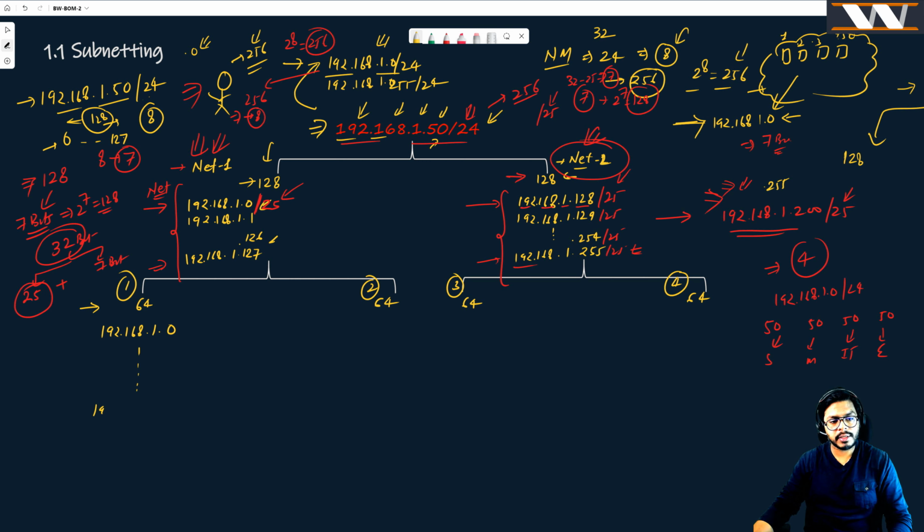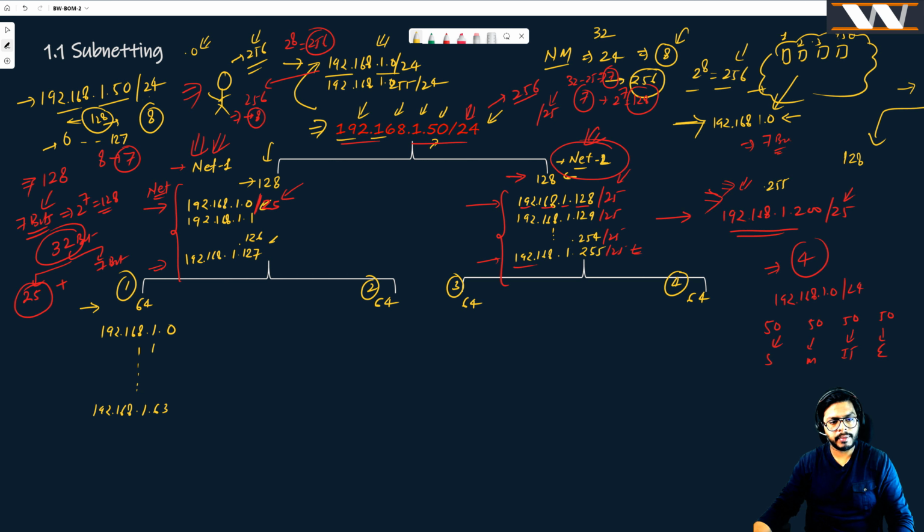The last IP address is going to be 192.168.1.64. Is it 64 or 63? It is going to be 63, right? And the reason is from 0 to 63, if you count, it is going to be 64. It is as simple as that, right? So the last number of this is going to be 63.